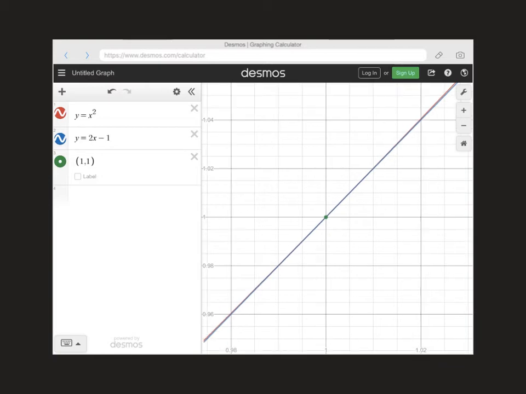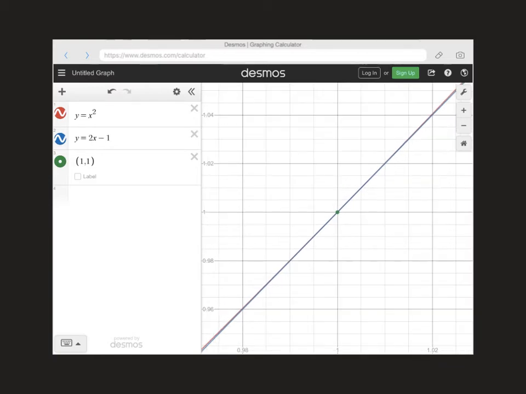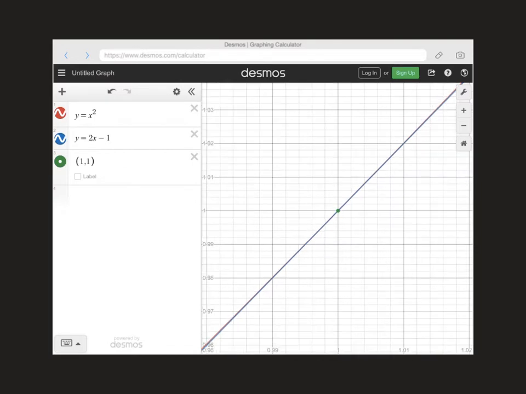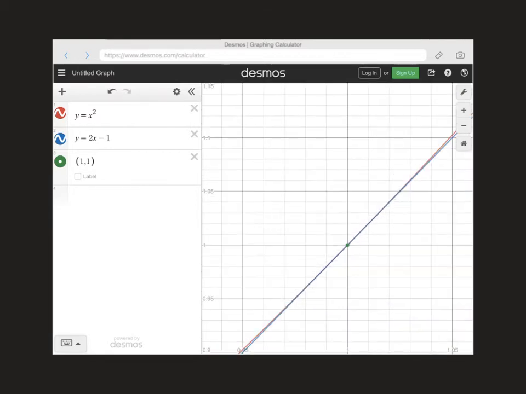And this idea that we can zoom in close to a particular x value and notice that the line behaves exactly like the curve is exactly what we're looking for here. Doing this is called a linearization. Essentially, we're using the tangent line to approximate the function.